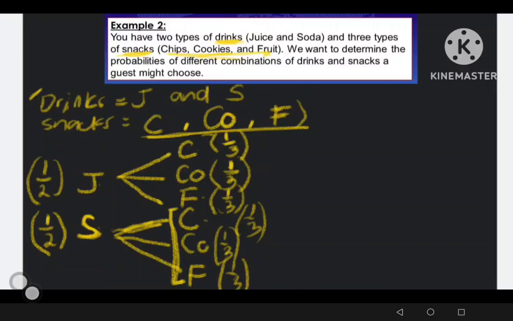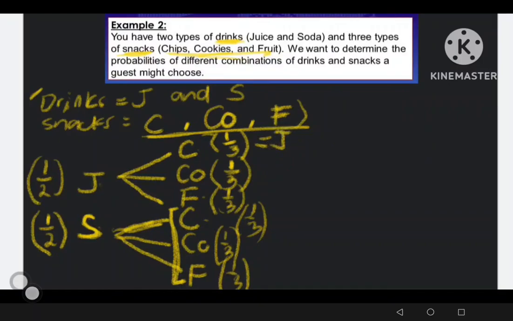Let's do the combination. Let's calculate and combine the probabilities of each path in the tree diagram. We're going to multiply the probabilities along the branches. Okay, so let's start with our results first. We have juice and chips. We also have here juice and cookies.